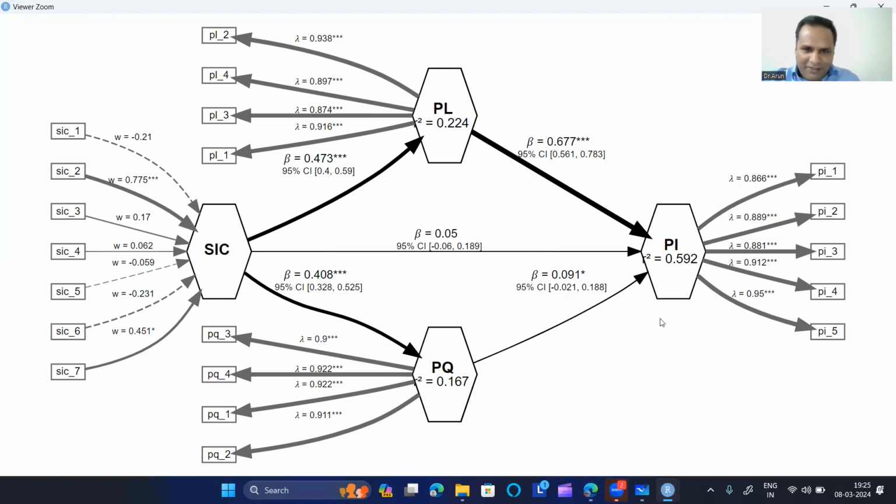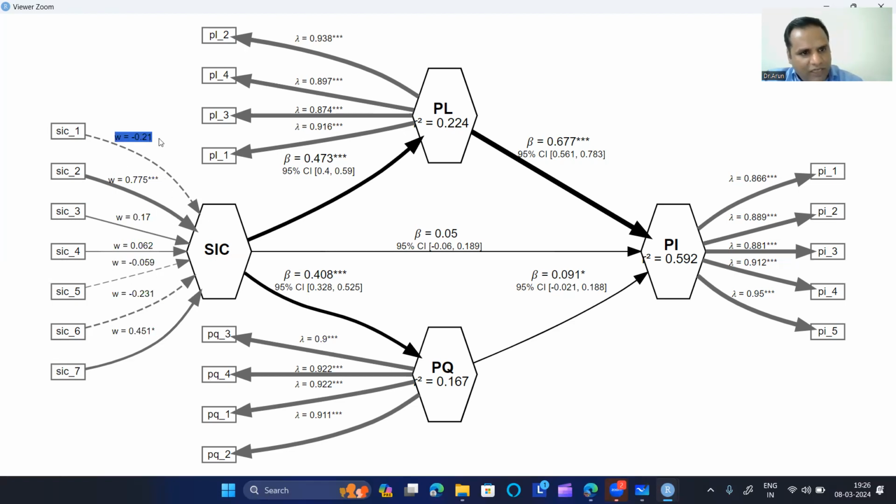And by the way, this particular diagram also gives you a lot of information about loading. You see everywhere lambda, lambda, lambda. This is a lambda symbol, a Greek symbol. But as far as SIC is concerned, if you see the relationship of SIC with its indicators, here you see that W is written. It means it's a formative construct, and here we assess the weights.